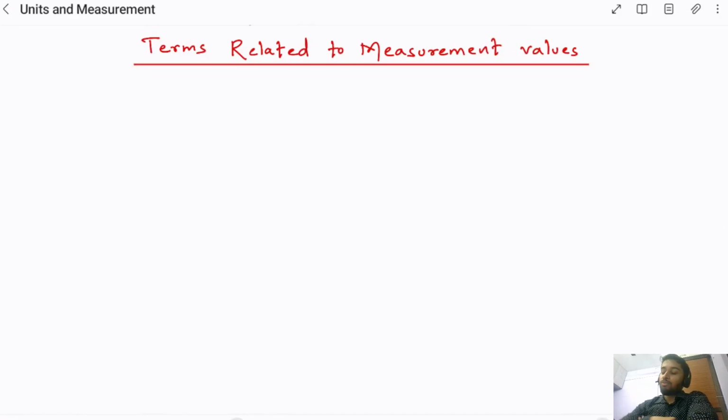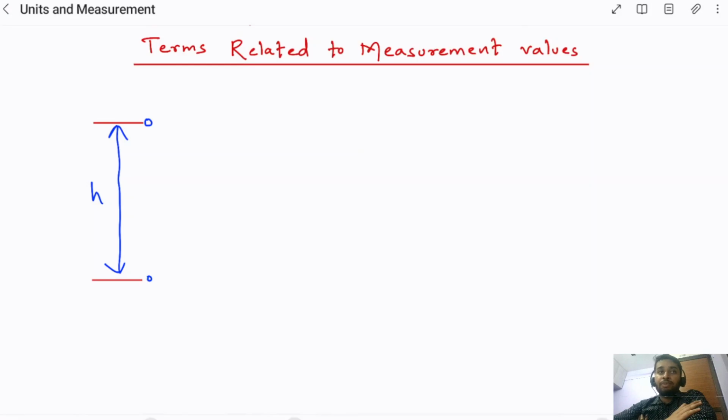For example, suppose you are assigned a task to measure the time taken by an object to reach the ground when it is dropped from a tower of certain height h. Suppose someone tells me to find how much time an object will take if dropped from the top of the tower to reach the ground.